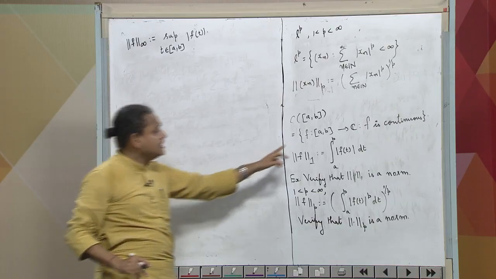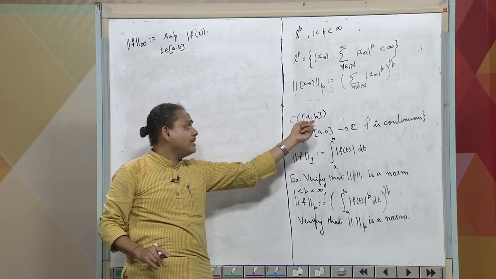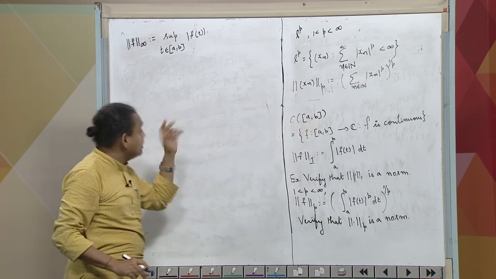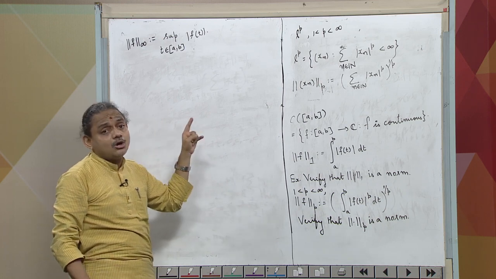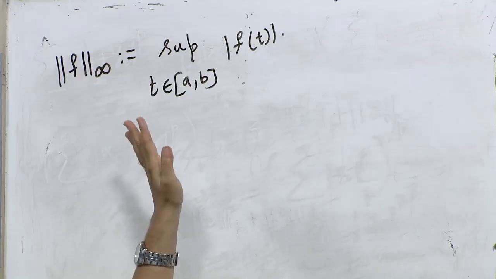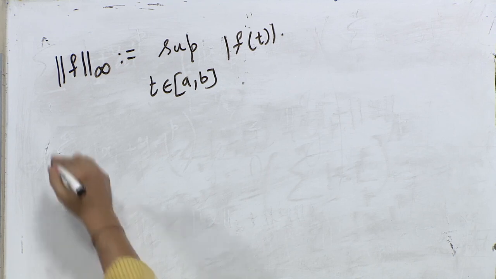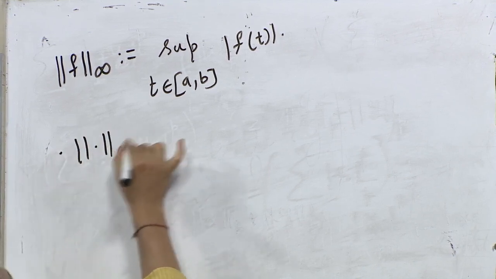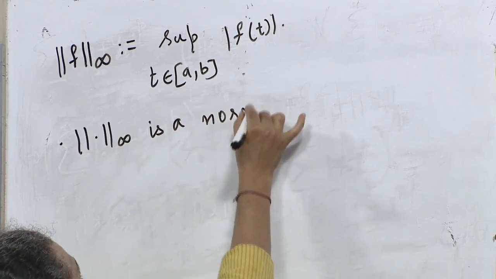Because this interval [a,b] is a closed and bounded interval, by the Heine-Borel theorem we know that it is compact, and continuous functions defined on compact sets are always bounded, which means that this always makes sense, or in other words it is well defined. Now, it should not be difficult for you to verify that this is a norm.